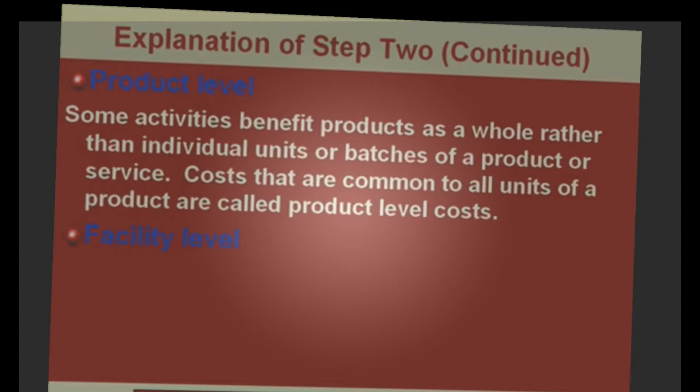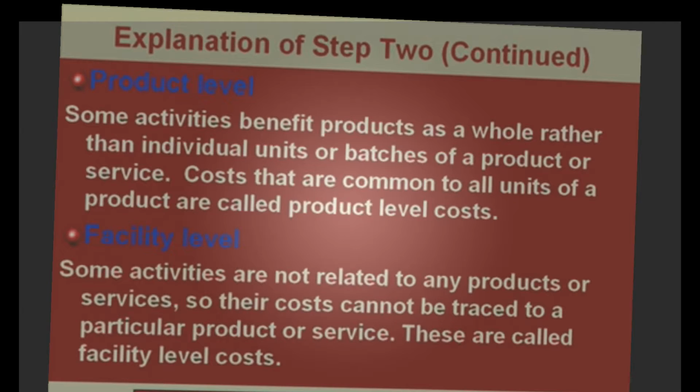Facility level. Some activities aren't related to anything. They're common costs. These are called facility level costs. Examples are, the most obvious example would be rent.